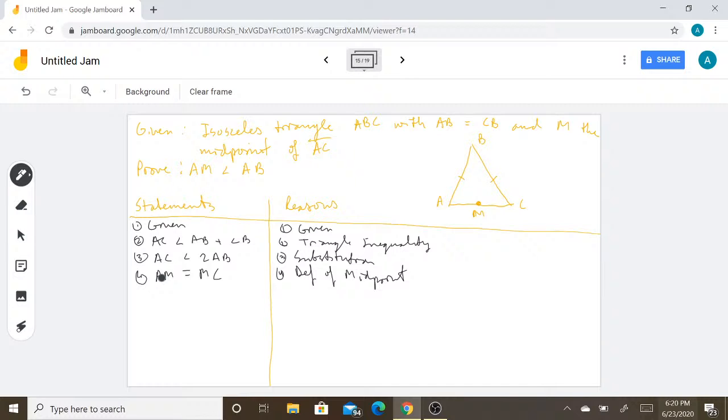And with the partition postulate, we can say that AC equals AM plus MC, because a whole is equal to the sum of its parts.